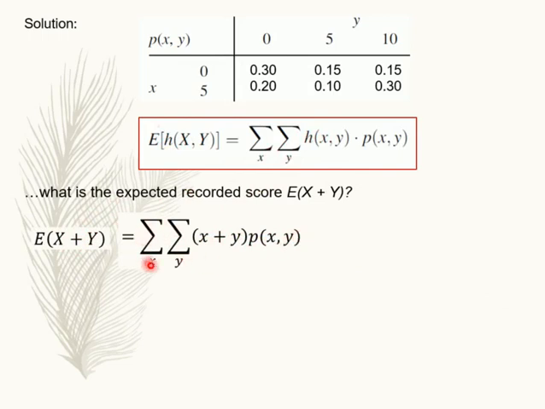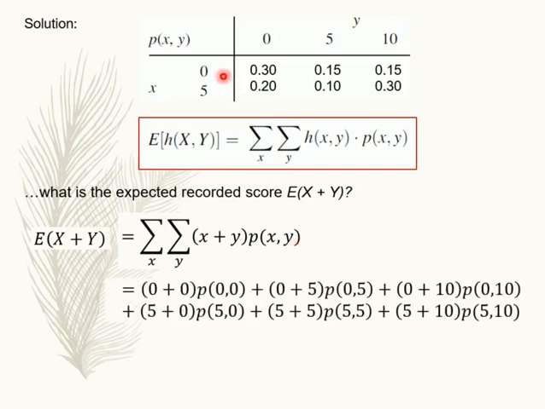And remember, this summation is over all the possibilities of x and y. Just like in the univariate case, you sum over all the possibilities. So you need to make sure you get every single x and y pair and substitute it in there and just keep doing the summation. So the first case here, you have 0, 0.